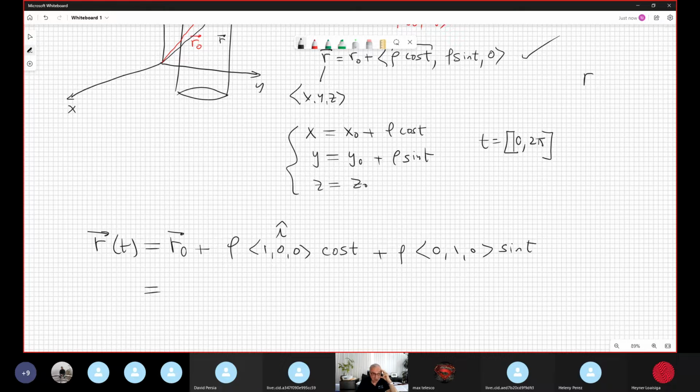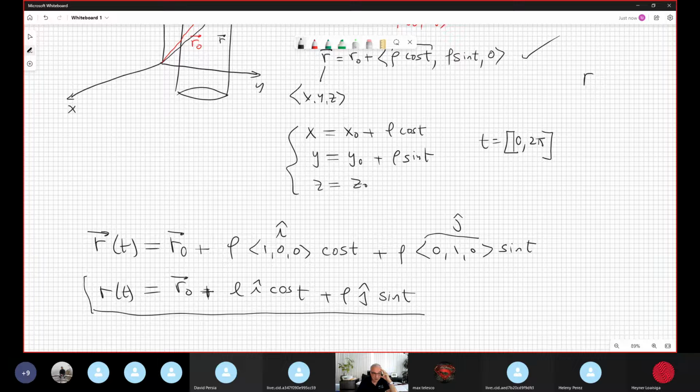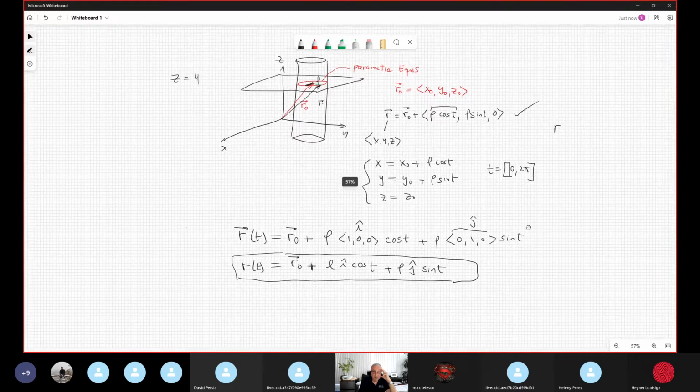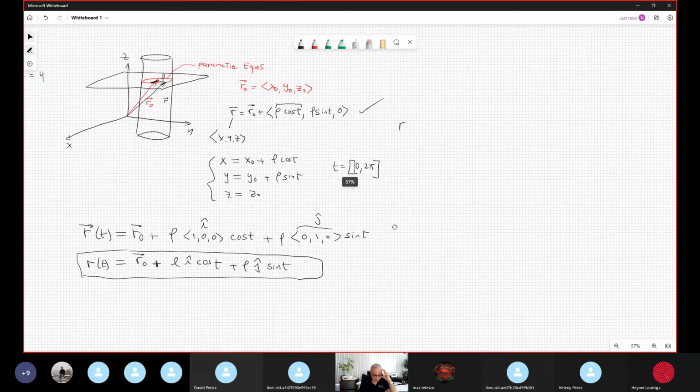Oh, more elegant, you know, this is the cosmetic part, is rho I cosine t plus rho J, this is J, sine t. Okay. You see it's a little bit more complicated. We're using vectorial notation. It's obvious, no? In 3D, we always use vectorial.